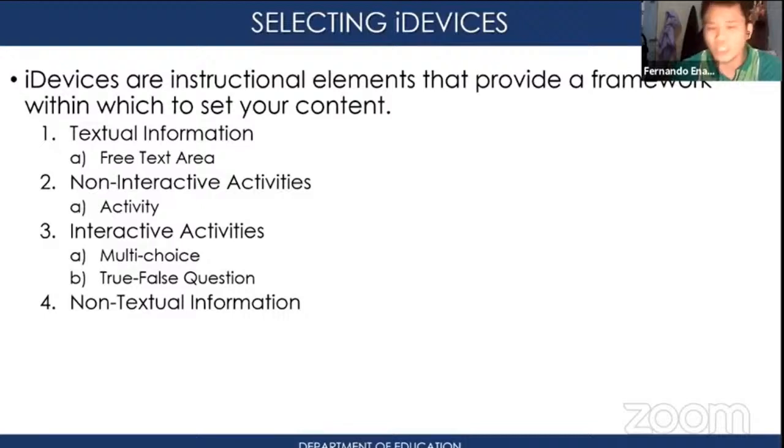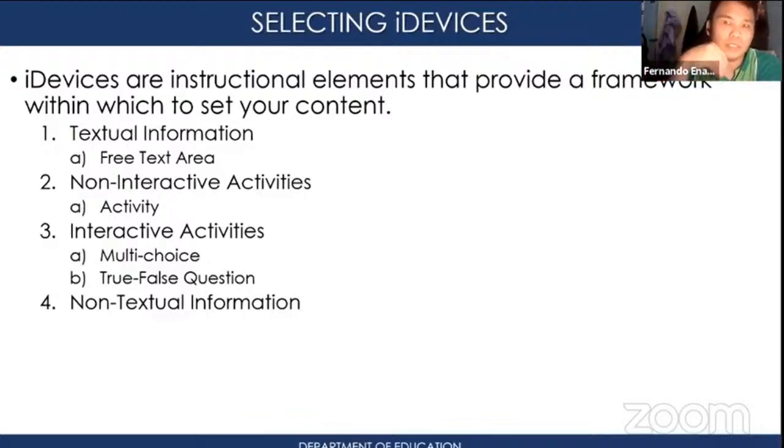Under non-interactive activities, it's just the activity. And for the interactive activities, it's just the multi-choice. For the other items, especially under non-textual, I'll leave it up to you to explore. But you don't have to worry, because the steps we do here are the same steps you'll do with the rest of the iDevices.